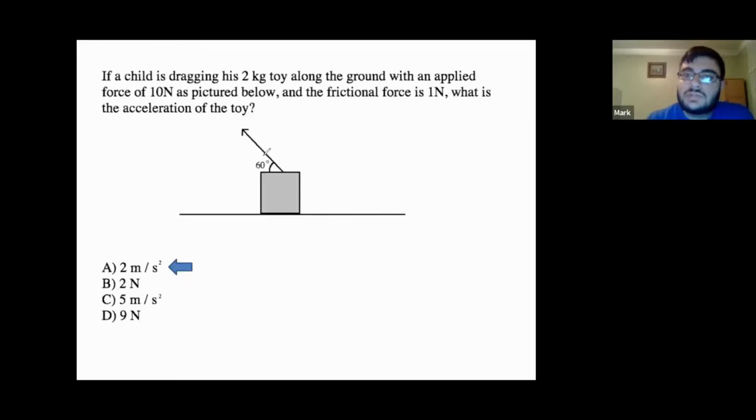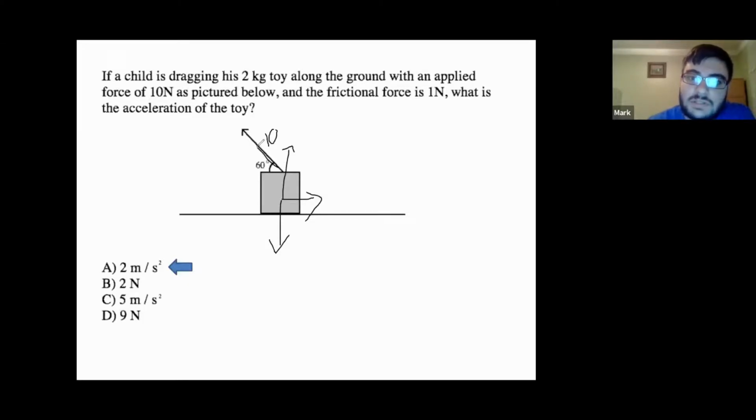The reason you knew this was the applied force is because this was the only arrow in the picture, so you kind of just assumed it was the applied force because they mentioned that there was an applied force, and this is the only direction. But yeah, all forces are written as arrows. Like you saw, I drew this to represent gravity, this to represent friction, this to represent the normal force.